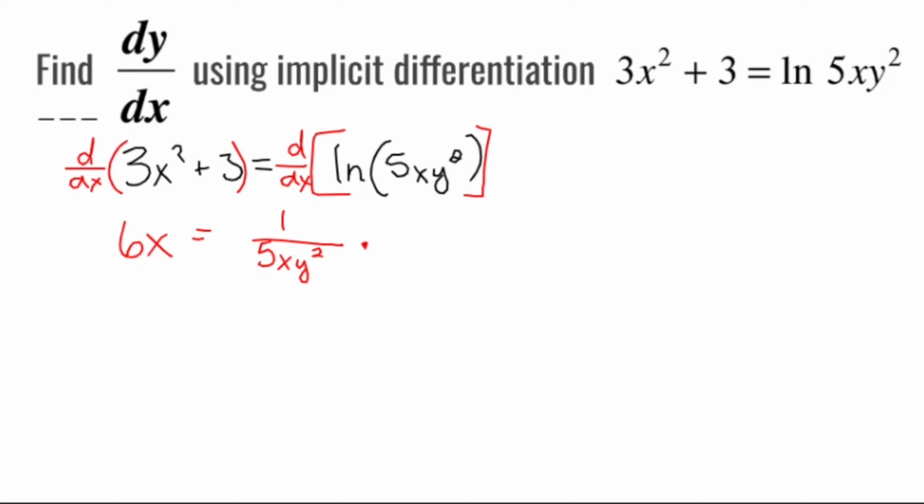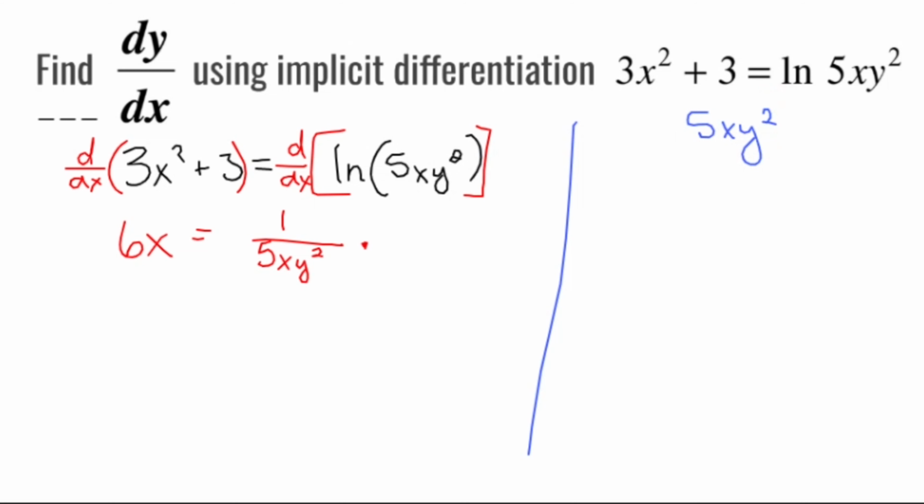So let me move that over here. That's supposed to be a straight line, didn't turn out that way. So what I have is 5xy squared. I'm taking the derivative of the inside with respect to x.